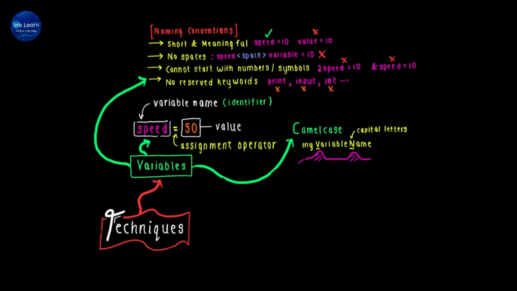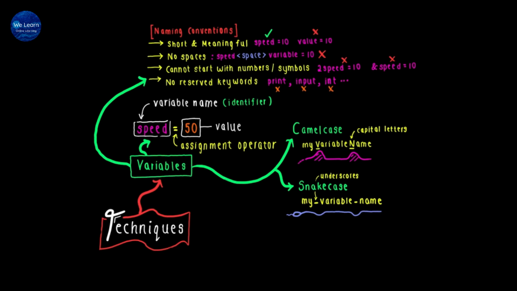These capital letters look like humps of a camel, so that's why we call this camel case. The next tool that helps us is snake case. In snake case, instead of capital letters on each word, we replace the spaces between each word with an underscore. Once again, this looks like a snake, that's why we call this snake case.